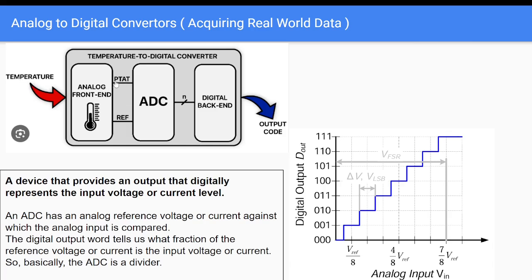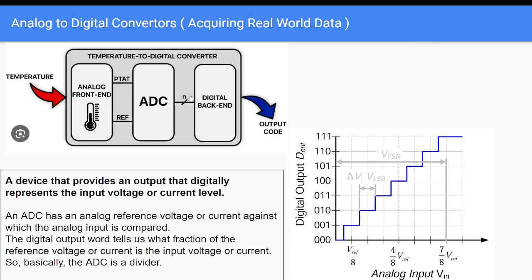So this PTAT is a voltage. If the temperature is high, the voltage level here will be high. If the temperature is low, the voltage level here will be low. And it goes into the analog to digital converter, and the main principle of a converter is that it converts that voltage into an equivalent number of bits.